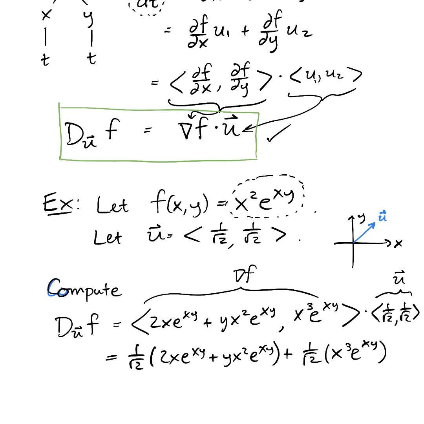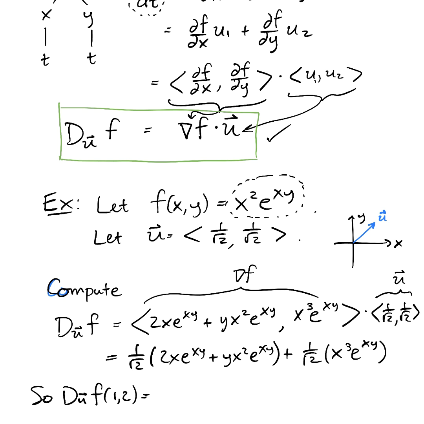And if they wanted it at a certain point, like let's say they wanted it at the point 1, 2. So the slope specifically at the point 1, 2, everywhere you see an x, you put a 1. And everywhere you see a y, you put a 2.